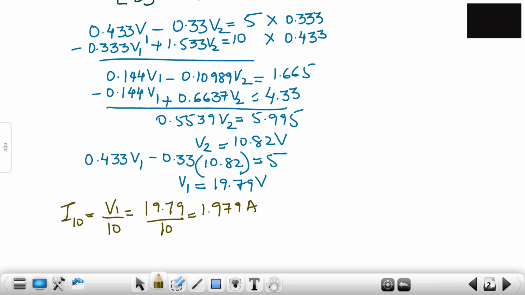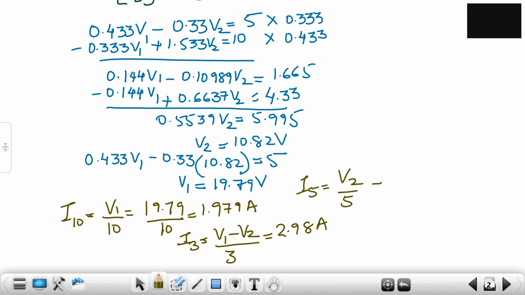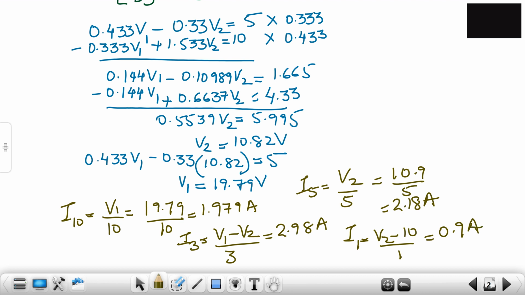I3, the current through the 3 ohm resistance, is 2.98 amperes. I5 is V2 upon 5, that we get as 2.18 amperes. I1 is V2 minus 10, that is around 0.9 amperes. This is how you solve the nodal analysis problem.